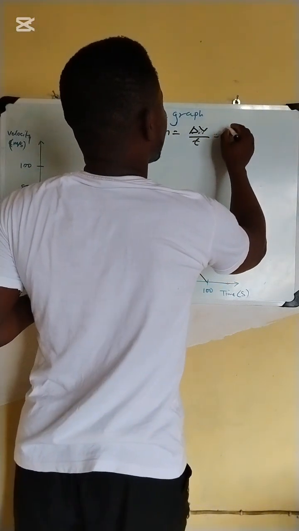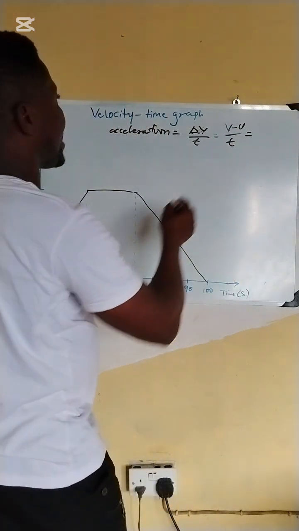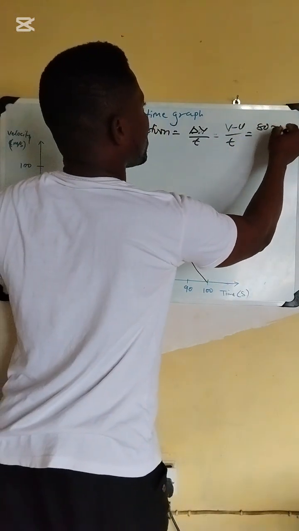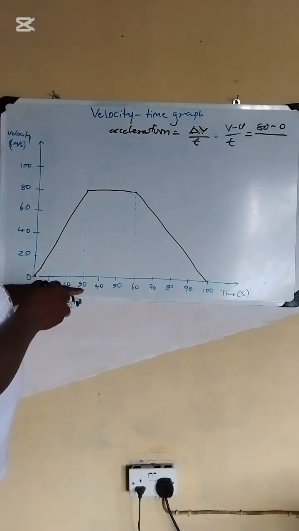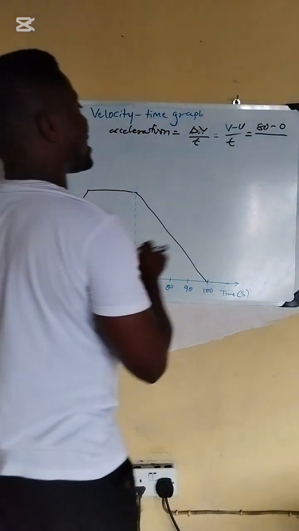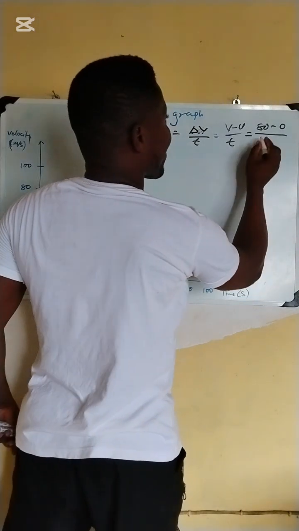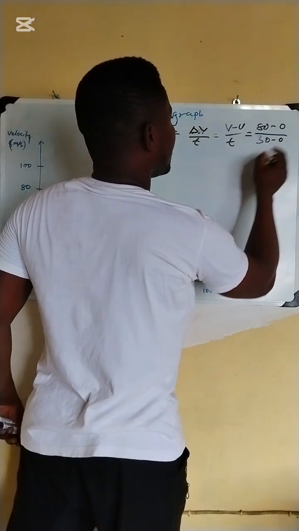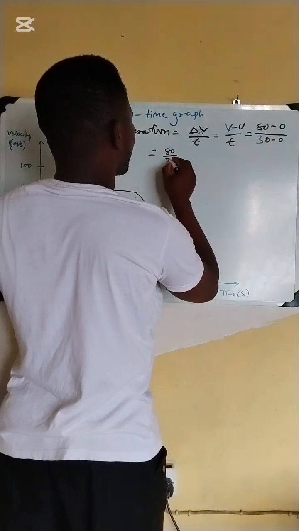So we now write change in velocity all over time. This is equal to v minus u all over t, and that is equal to v, here is 80, minus 0, all over 30, the time it takes the car to attain that speed. You can write 30 minus 0, and that is equal to 80 all over 30.